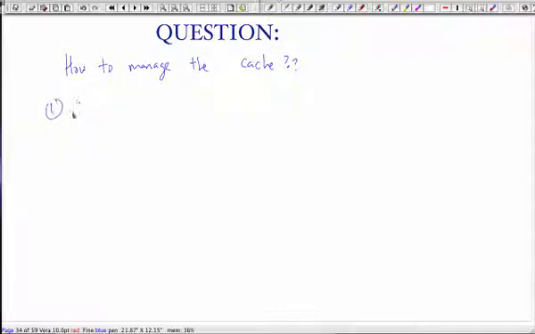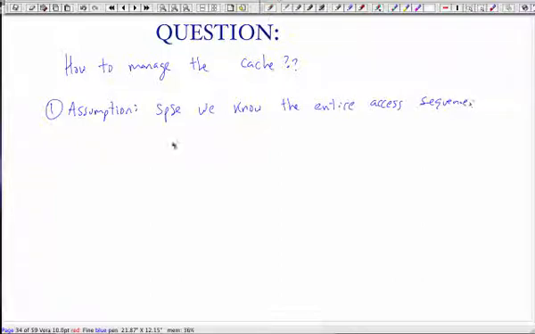So, first assumption. How can we make the caching problem easy? Suppose we know the entire access sequence ahead of time.